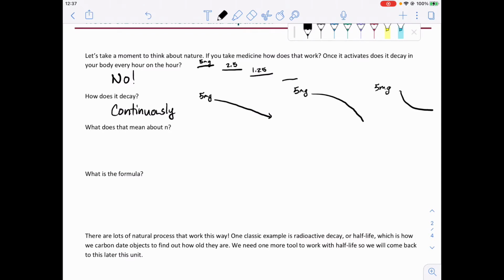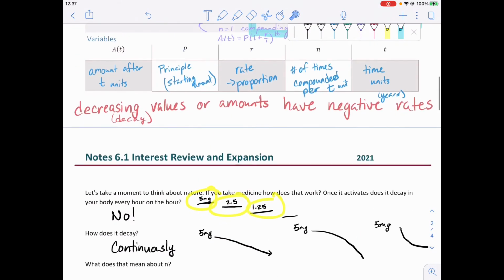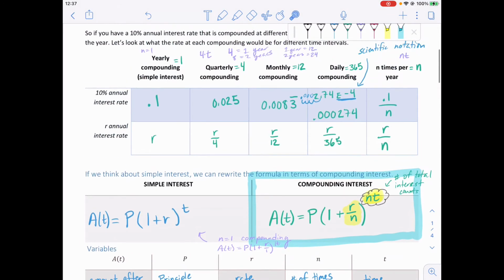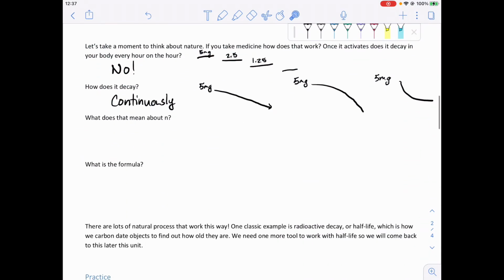Every second, every millisecond, that medicine is working and it's using up, right? It's going away. So it's not this stair-stepping, which is really what we're doing up here, saying every month it goes down, or every day, or every hour. This is literally at every second it is changing. At every millisecond it's changing.